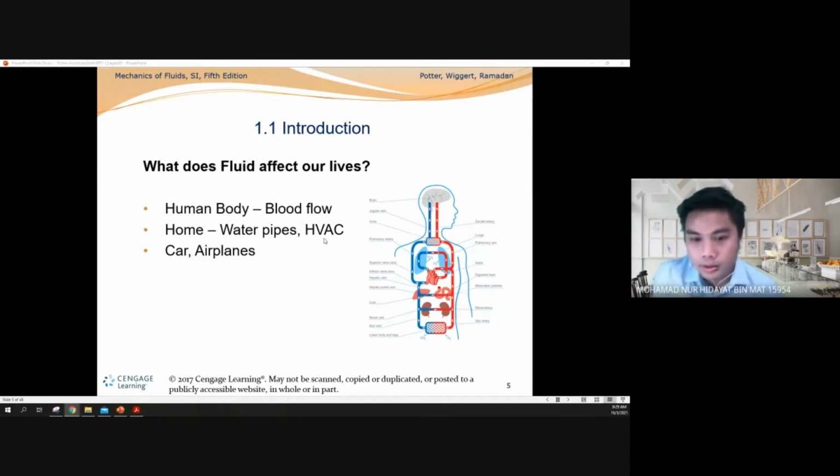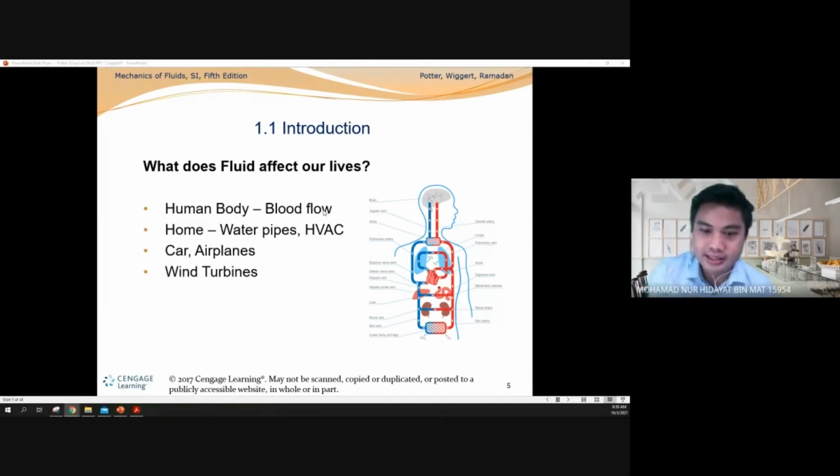So all engineers, such as automotive engineers, need to understand how to reduce the drag coefficient of the car. The airplane, how the airplane moves: we have the lift force and the drag force, all from fluid mechanics. Wind turbine, how we extract energy from the wind.